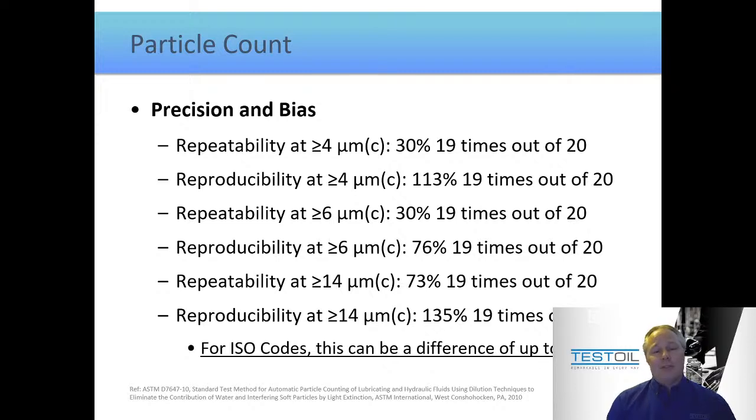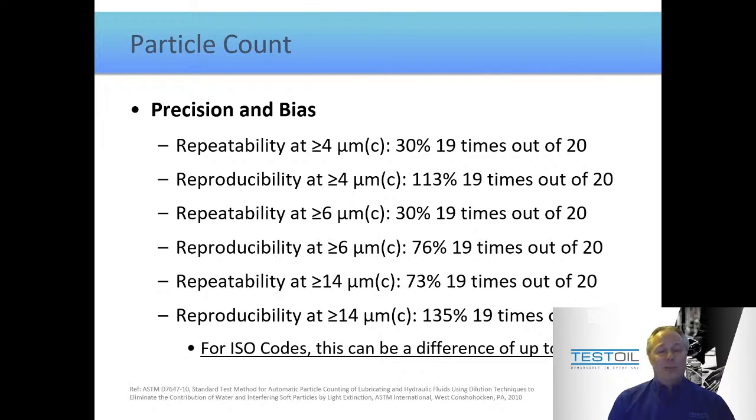So you'll see that I've reproduced the repeatability and the reproducibility statements for the 4, the 6, and the 14 micron particle counts. If you look at the 4 and the 14 micron particle counts reproducibilities, you will see they are over 100%, meaning there can be a 100% or more change in the values, and that is considered error within the method noise on the instrument.